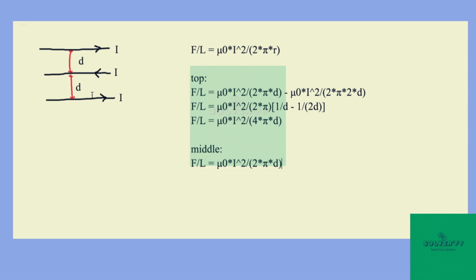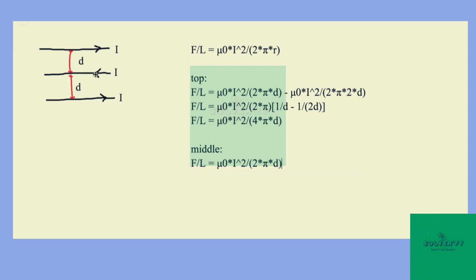Now if we think about the force per unit length coming from the bottom wire, we have the same magnitude because it's separated by the same distance. Again, these two currents are in opposite directions, so they're going to repel as well. So the bottom wire is going to exert a force on the middle wire that's upwards.